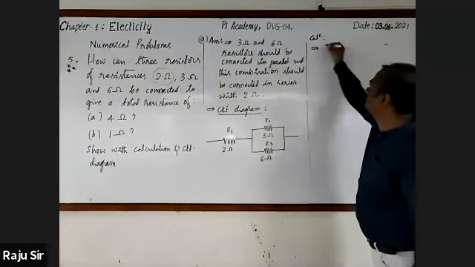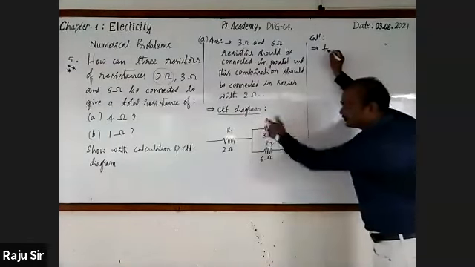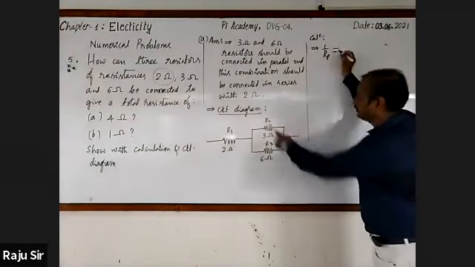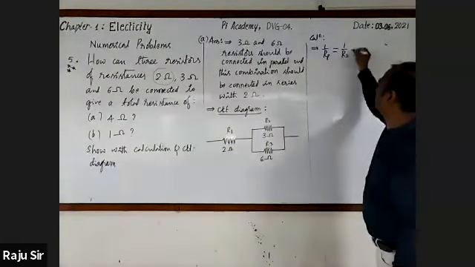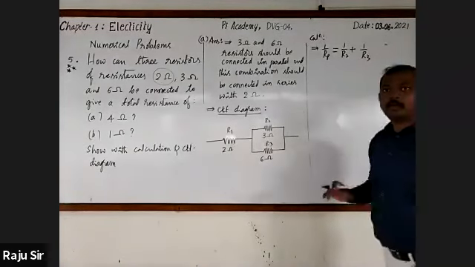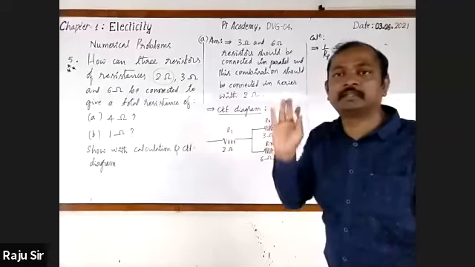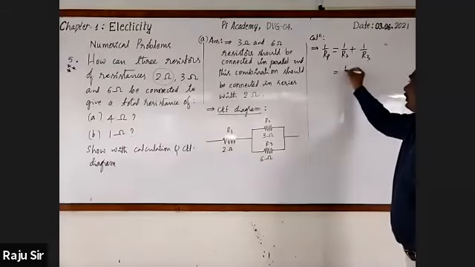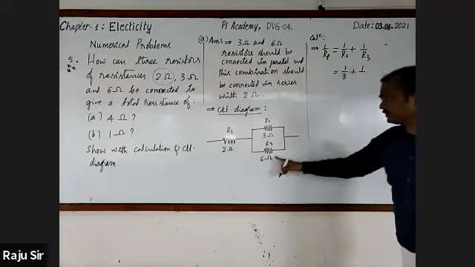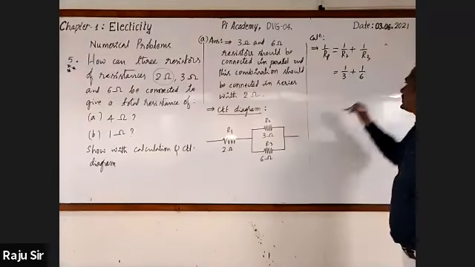Here, first you go for finding this combination. 1 by Rp is equal to 1 by R2 plus 1 by R3. I'm giving the information in detail. R2 is 3 ohm and R3 is 6 ohm.